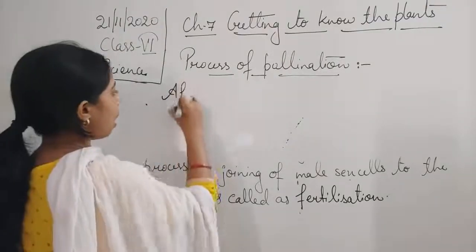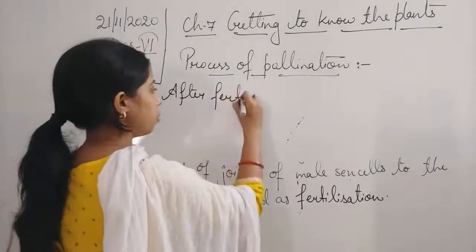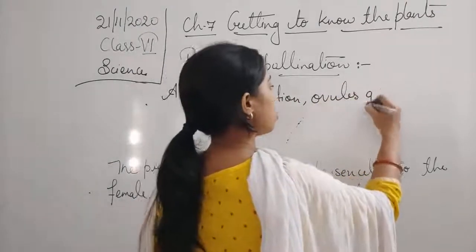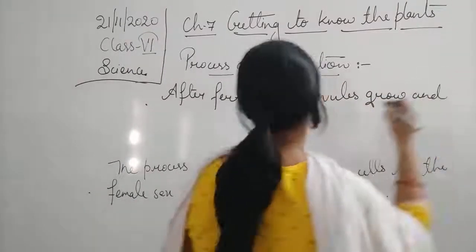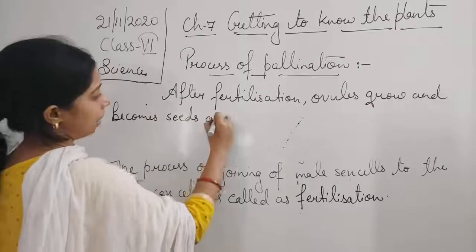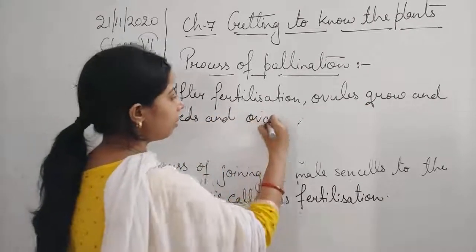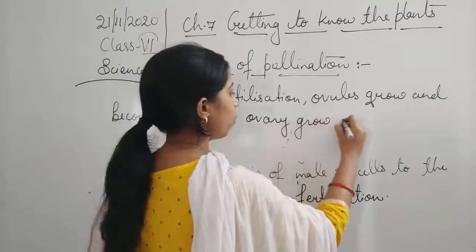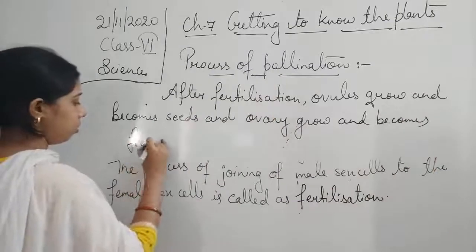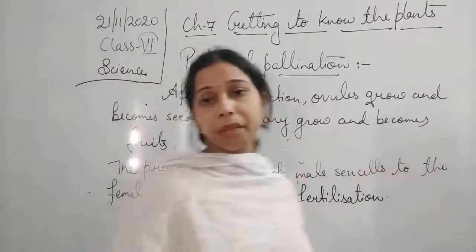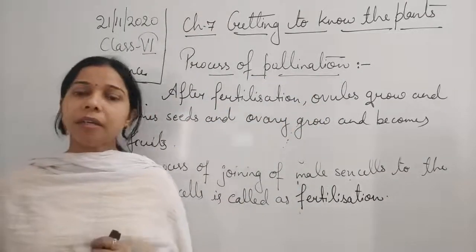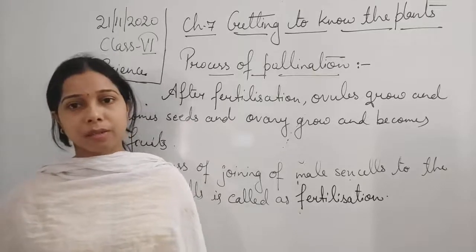So after fertilization, ovules grow and become seed, and the ovary grows and becomes fruit. So this is the whole process which occurs in the case of fruits and seeds. Okay students.